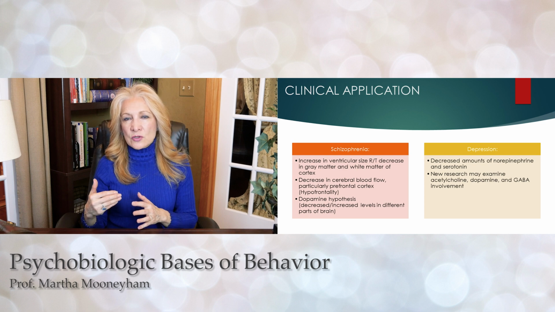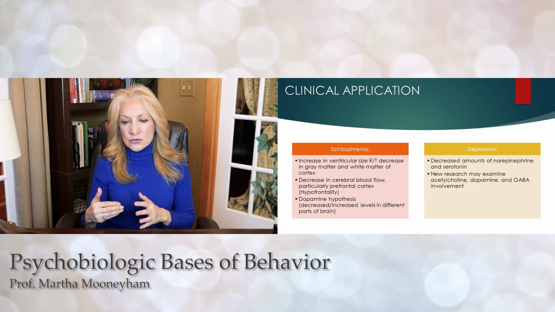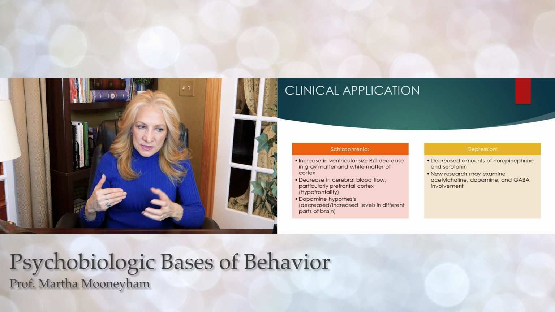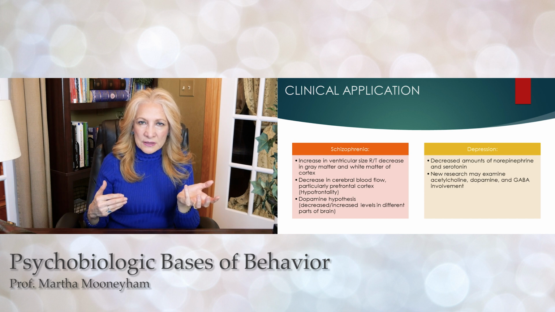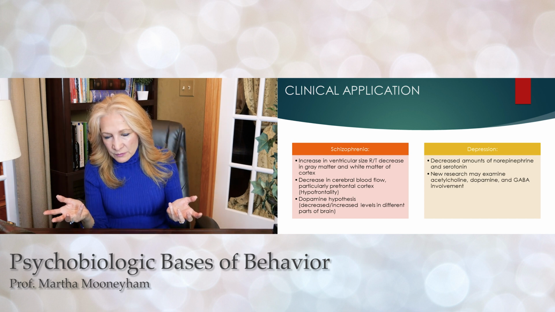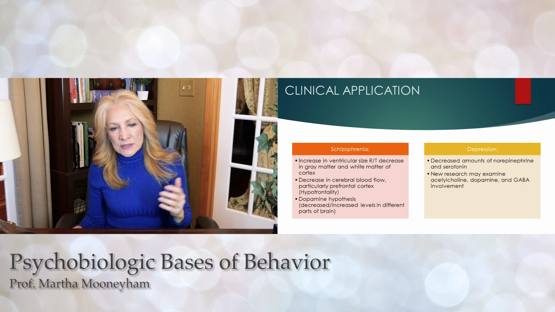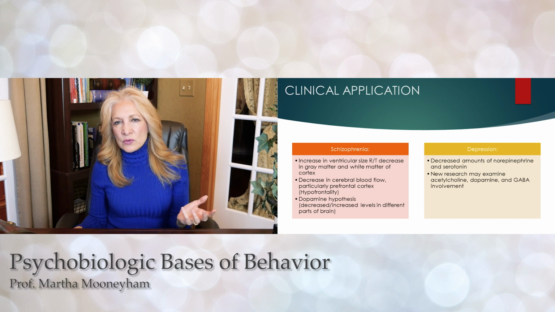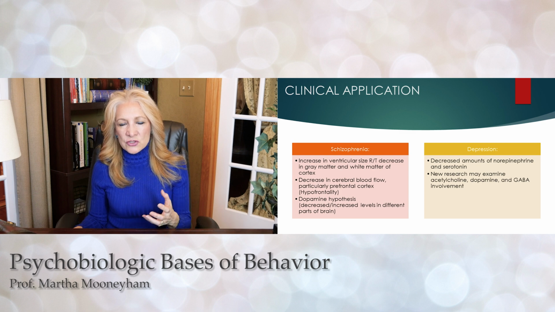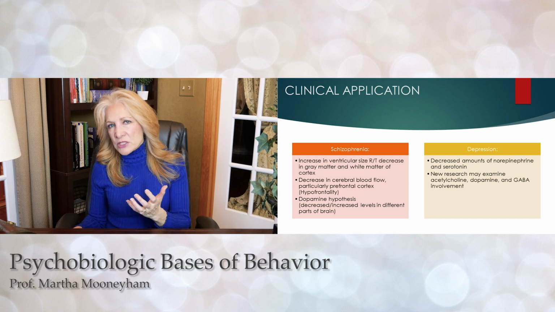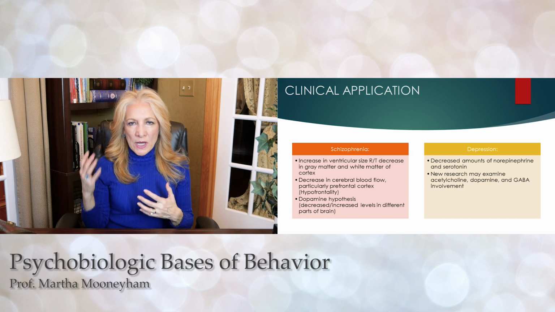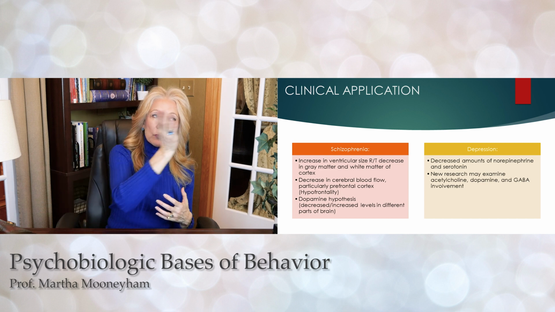And then we started discovering that schizophrenia is actually more an excess of dopamine in one part of the brain and not enough in another part of the brain. And so decreased and increased levels in different parts of the brain that we need to address differently with medication and treatment. With depression, for example, why is it important to understand everything that we just covered?